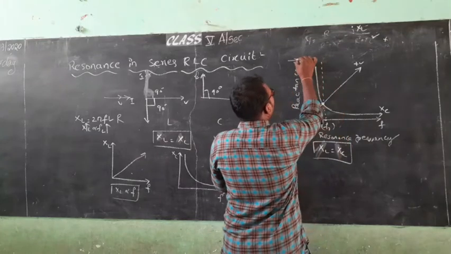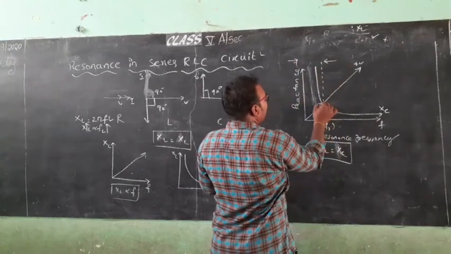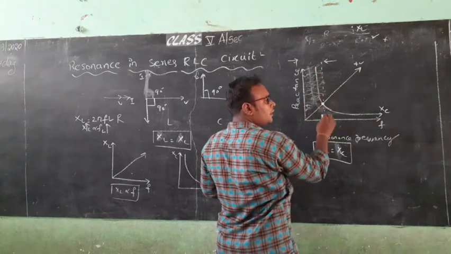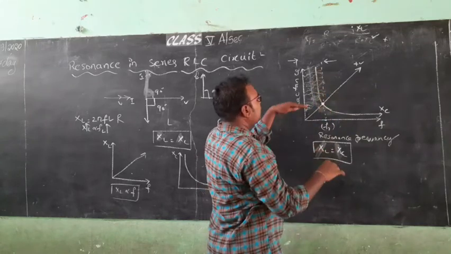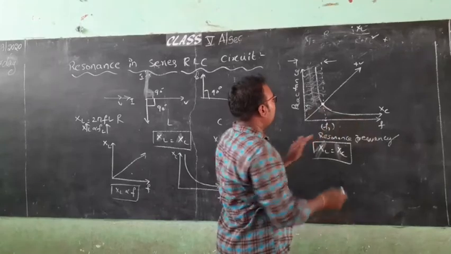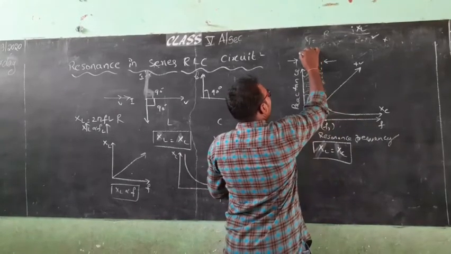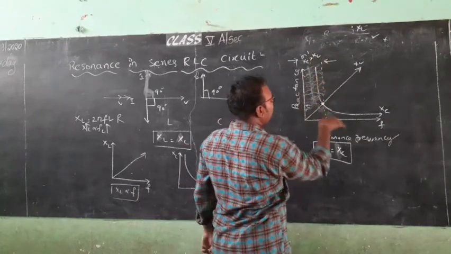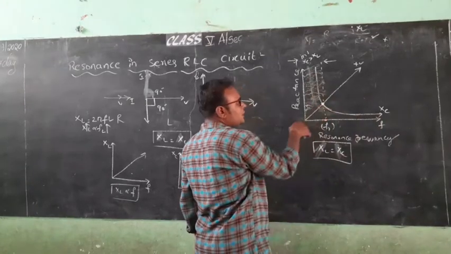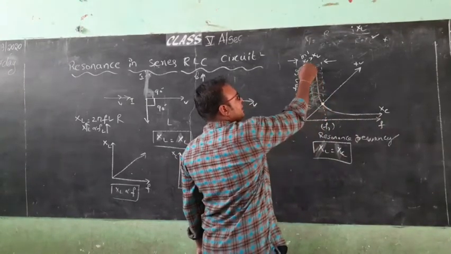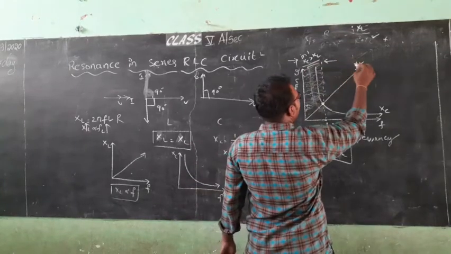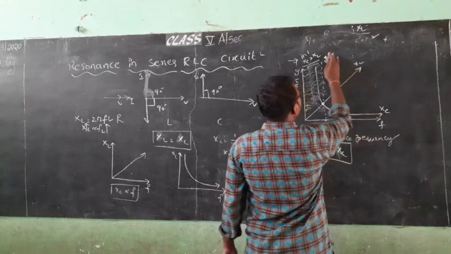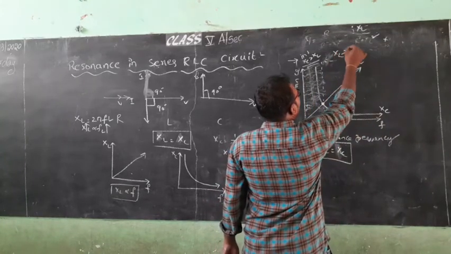In this area, XC is greater than XL, and after this point XC becomes less while XL gradually increases, so XL is greater than XC.